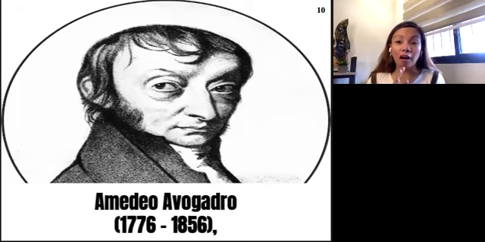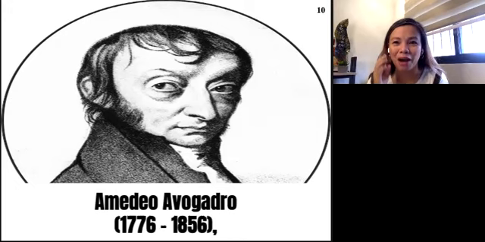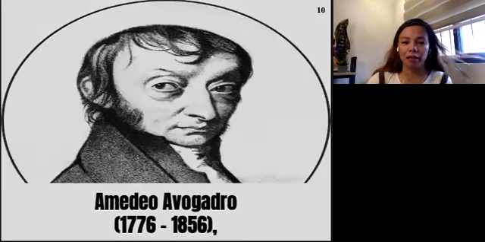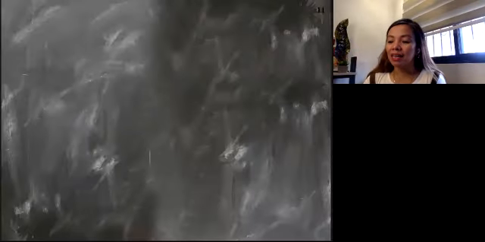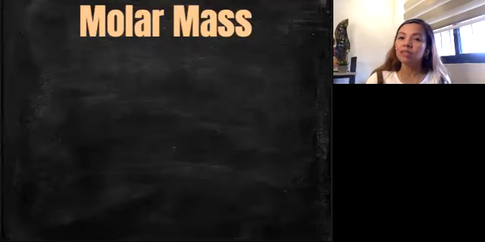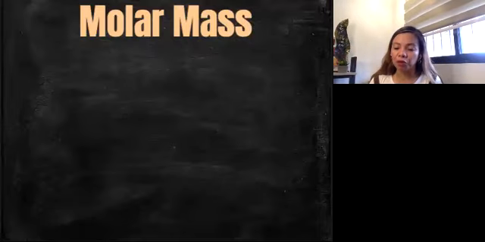So if you are interested, curious, you may take a look at how Amadeo Avogadro worked on this using the Millikan oil drop experiment. Okay, but nowadays, X-ray technology is being used.